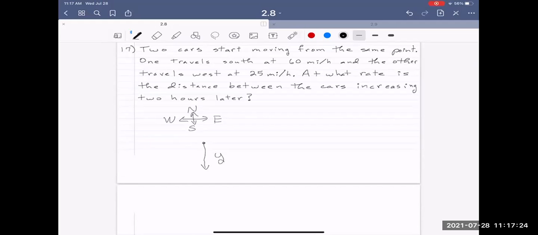I'm going to say that the length here is y. The reason is that when I label these, I only want to put things that are remaining the same as numbers. Everything else, I'll use a variable. Next, the other travels west.